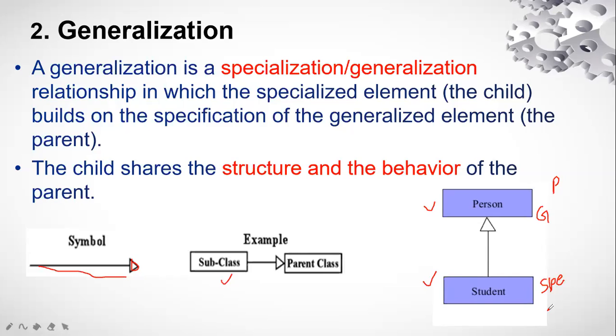That is why the triangle is shown out here at the generalized one. All the properties of person will be inherited by the student, while there will be more specific attributes to the students also. This is how we define generalization and specialization. We have to remember how we are representing and rendering it graphically.